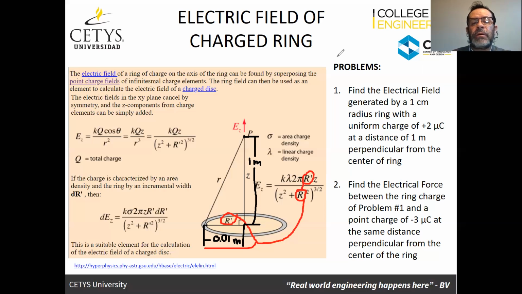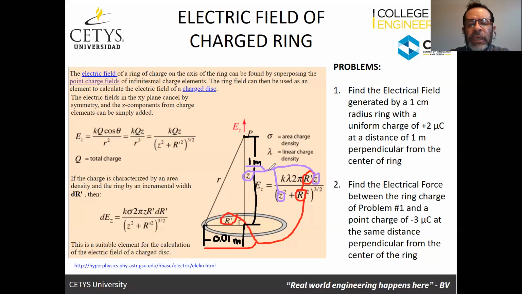And this 1 meter that we have here, this is Z, which is the distance that we have from the center. It's basically this Z that we have here, and it is 1 meter, okay?